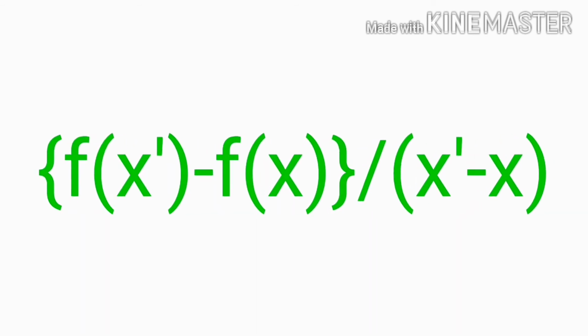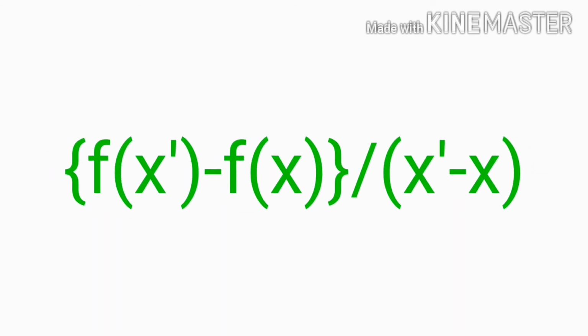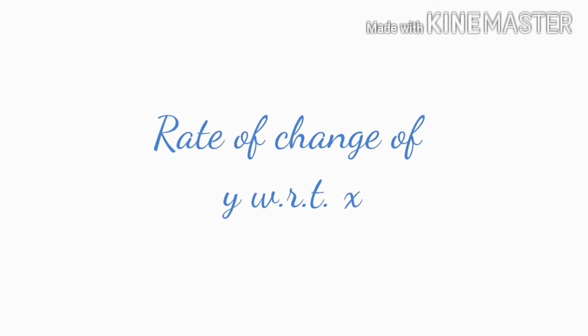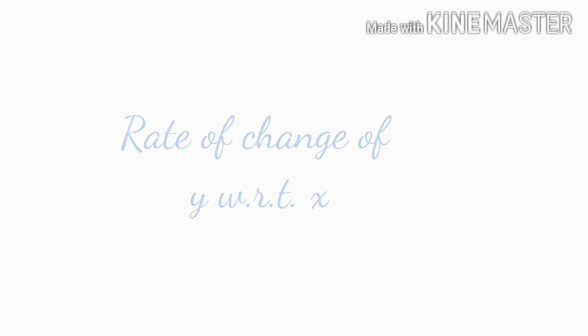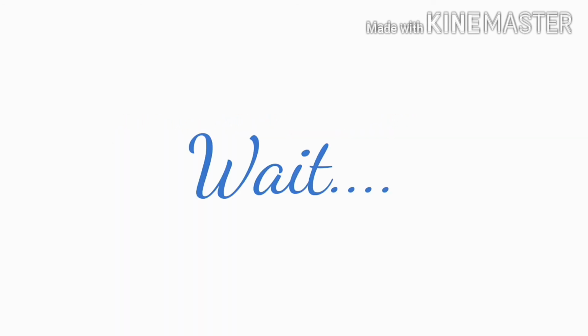So how can we write the previous equations? A few minutes ago, we derived that function of x dashed minus function of x whole by x dashed minus x is equal to the rate of change of y with respect to x. So we can write it as, wait, at first write the conditions that are required for framing the equations.